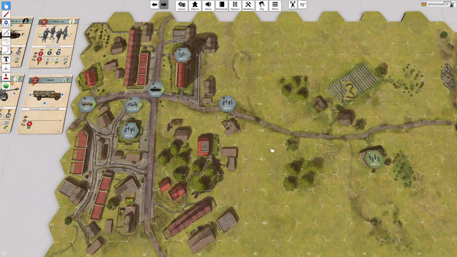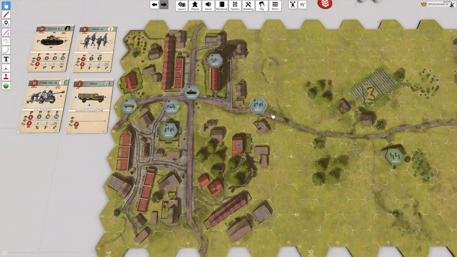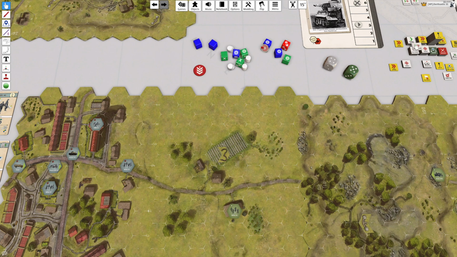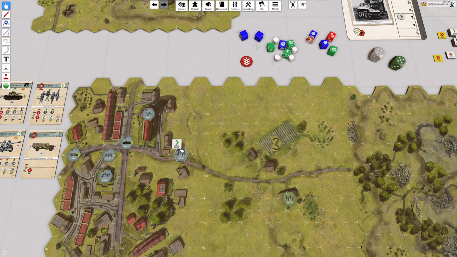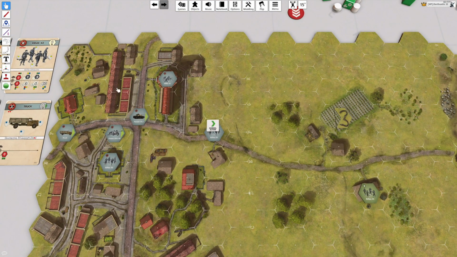So now I have to activate my unit with a normal action, and I can count up 2 hexes to move. I have to pay movement allowance points every time I move into a new hex. So I have 1 and 2, and that's it. My rifles are standing here at the end of the turn.